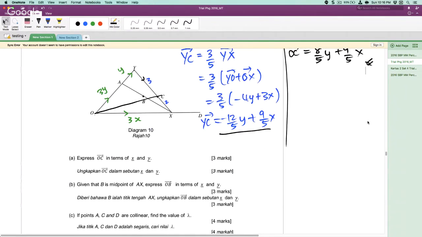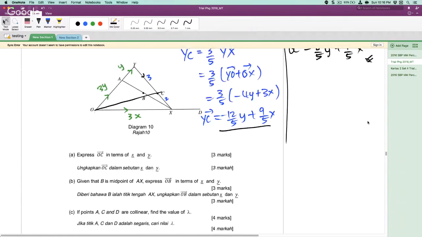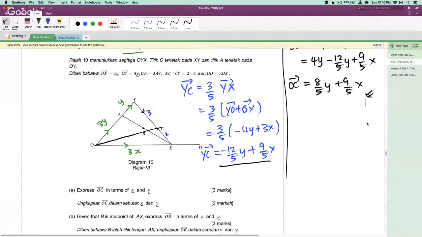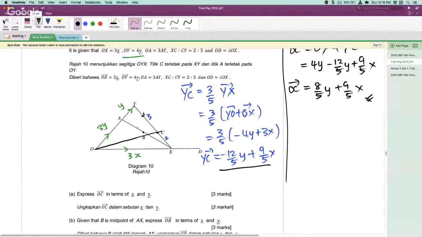Then the question asks, given that B is the midpoint of AX, find OB. B is a midpoint, so both of these are the same length. So I will find AB first before I find OB. I know AB equals half of AX, correct or not?